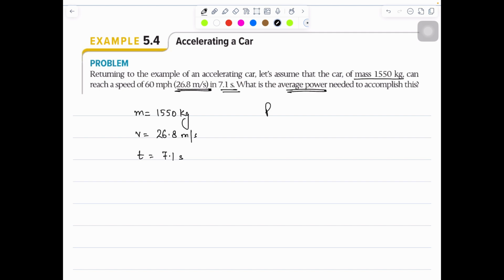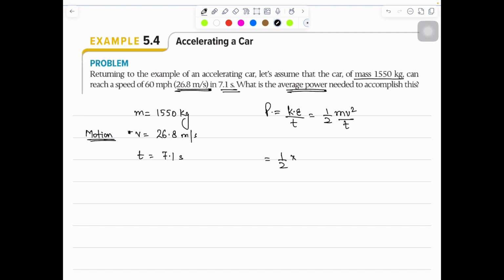What we are looking for is power. Now a very simple way to solve for power. Because velocity is there, can I say the word is motion? Motion means velocity. So can I say kinetic energy divided by time, half mv square divided by time. Place the values.